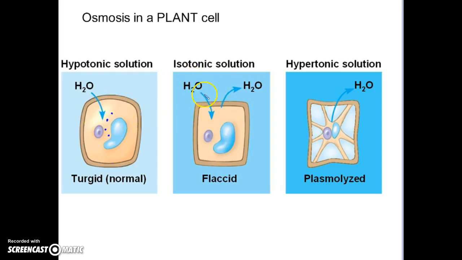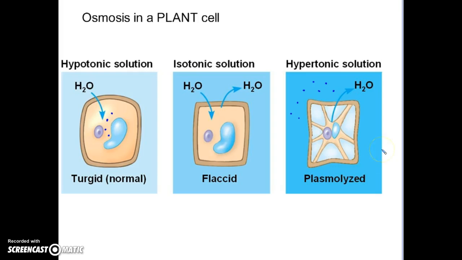Then if we have an isotonic solution, that's where the environment of the cell is equal inside and out. We'll have no net movement of water, and that'll be pretty normal for the cell. And then we'll also have a situation where it's a hypertonic solution, where there's lots of solution outside, and then the water will actually move outside of the cell.